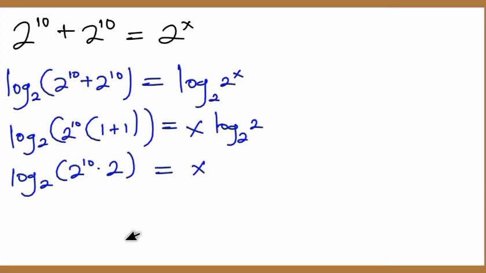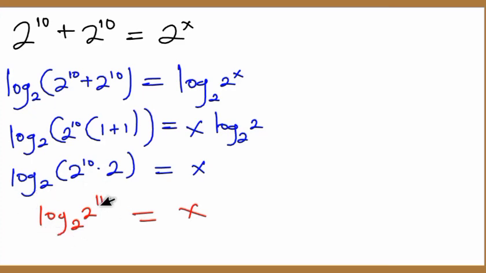So from there I know this one is to the power 1. Since they are having the same base and multiplying, their exponents will add, so I'll have log base 2 of 2 to the power 11 equals x.